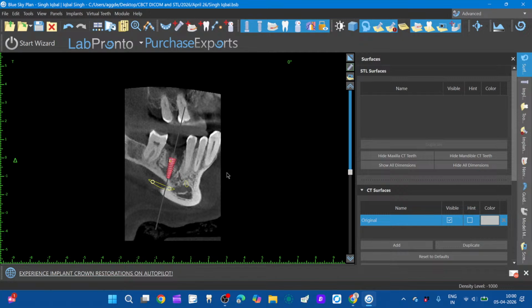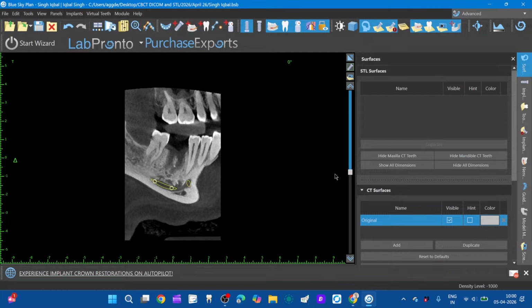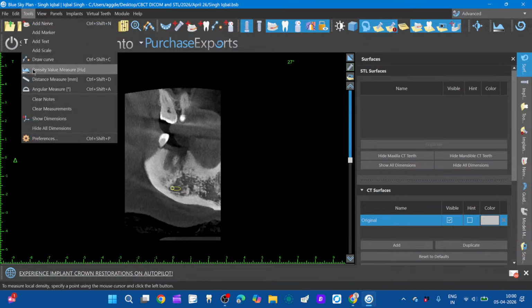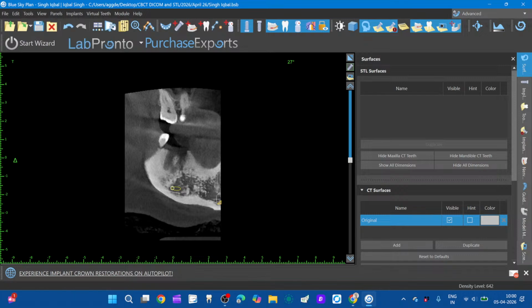Width, let's see the width also. Around 2 mm. 1.8 drill.